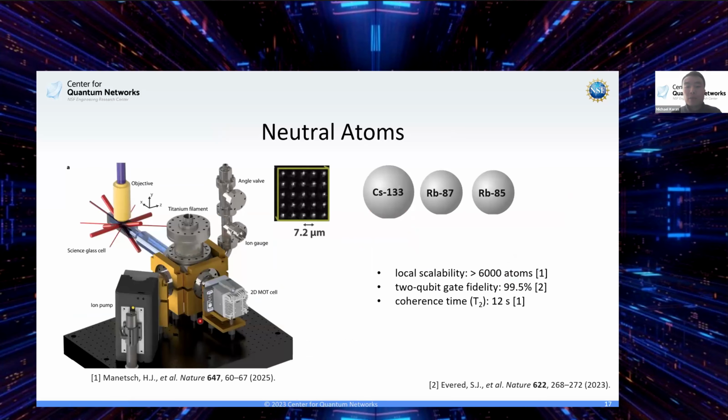Now, a quick comparison with neutral atoms. I'm not going to spend too much time on this, but just a brief comparison. Neutral atoms, on the other hand, are confined in magneto-optical traps, where 3 orthogonal pairs of counter-propagating laser beams of the same color work in conjunction with a very weak quadrupole magnetic field to slow the warm vapor to microkelvin levels and to essentially trap the atoms there.